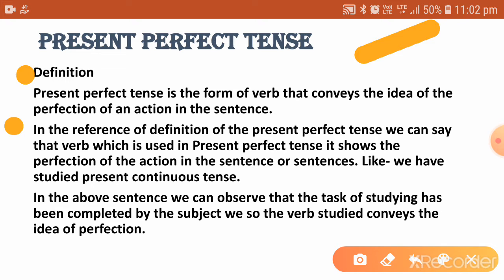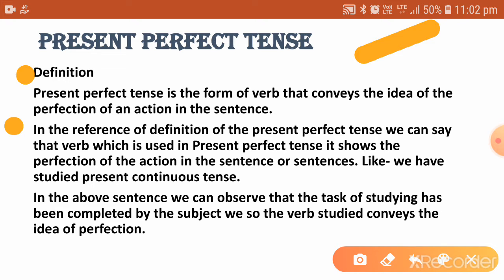Yes, students, we can say very surely that in the sentences of present perfect tense, we can show the perfection of action. Here is an example in which you can observe the task of study.